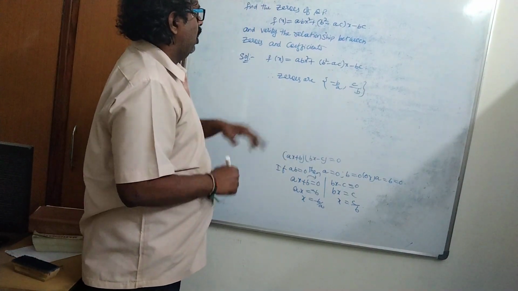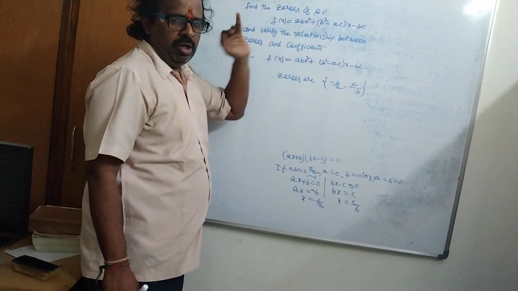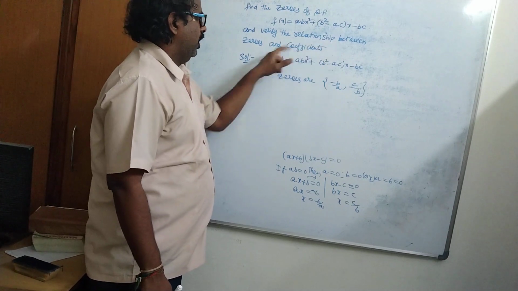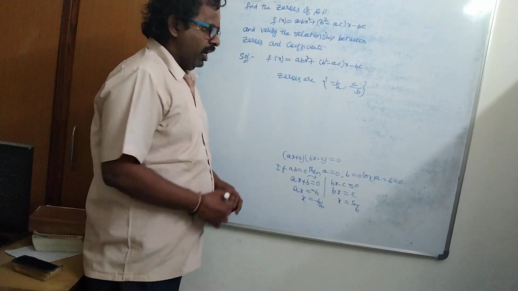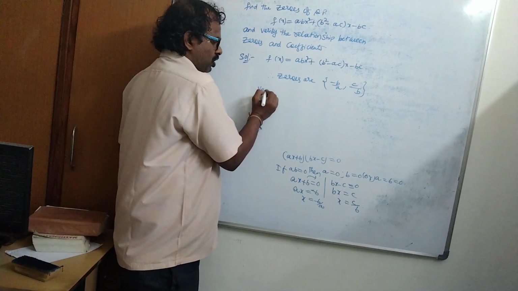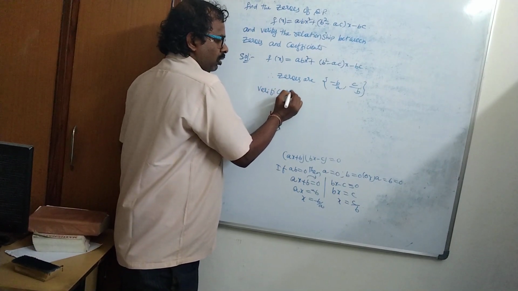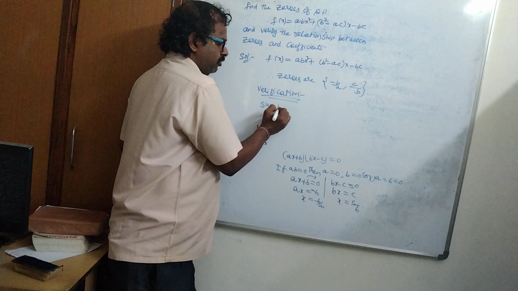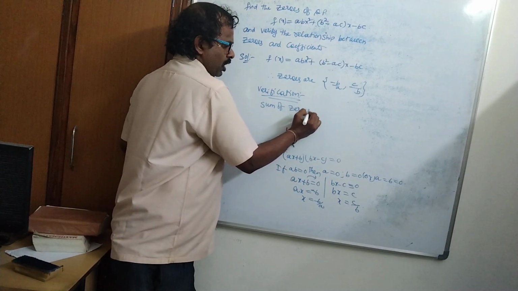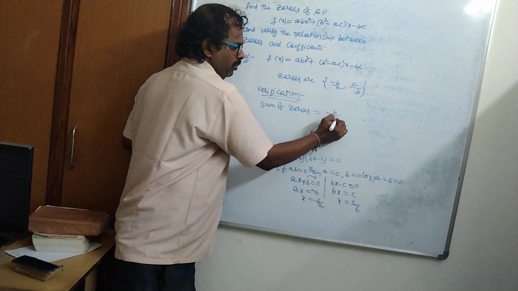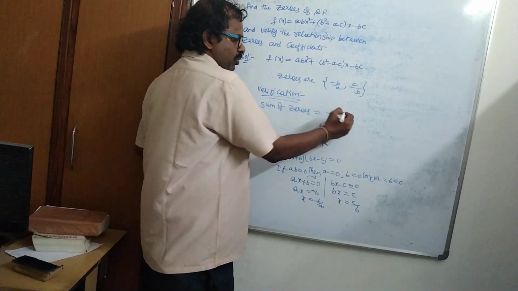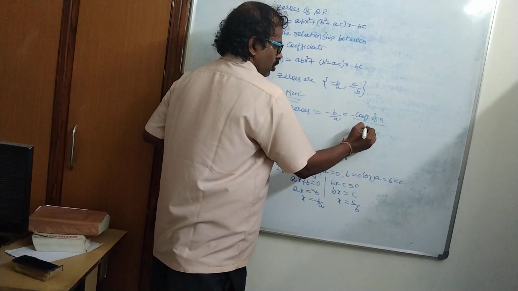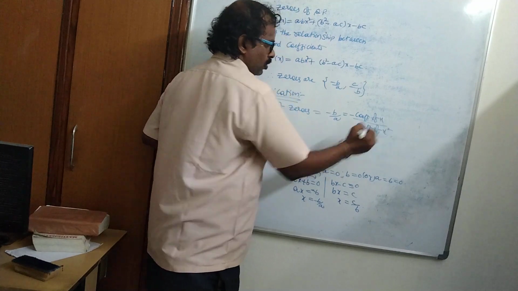Now the first part is to find the zeros of the quadratic polynomial. That first part we have completed. The second part is the relationship between zeros and coefficients. So first, verification. The sum of zeros is equal to minus b by a is the formula, that is minus coefficient of x by coefficient of x square.